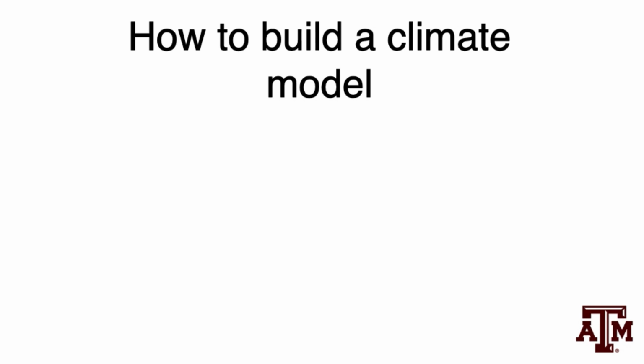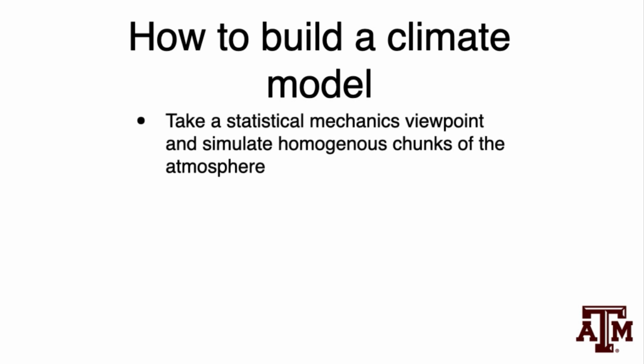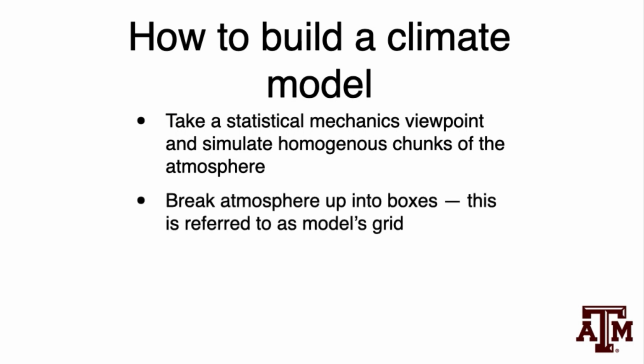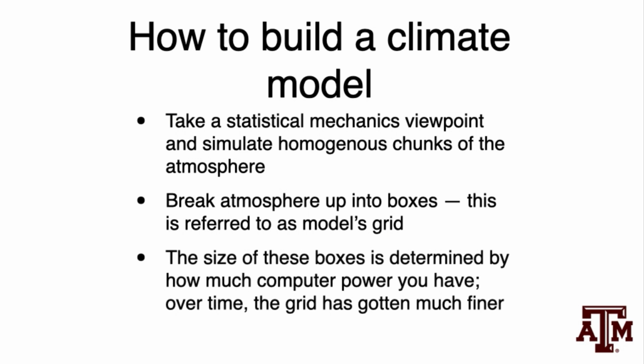Well, the first thing to realize is that the atmosphere is a fluid. So we're going to take a statistical mechanics view of this, and we're going to try to simulate homogeneous chunks of the atmosphere. In other words, we break the atmosphere up into boxes. This is referred to as the model's grid. And the size of these boxes is determined by how much computer power you have.